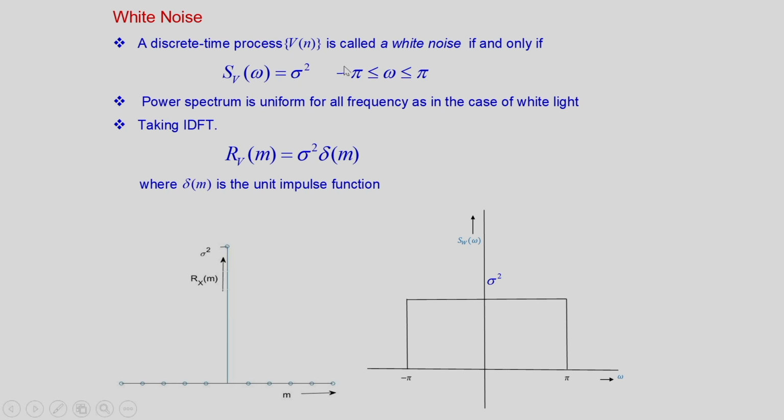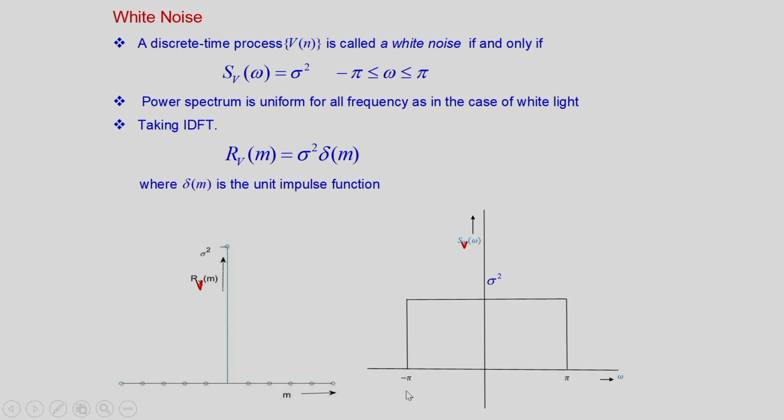Now, if I take the IDFT of this expression, then I will get the autocorrelation function of Vn sequence RVM, that is equal to sigma square into delta m, where delta m is the unit impulse function. Delta m is equal to 1 for m equal to 0, and 0 elsewhere. So, this is the spectrum of the white noise.